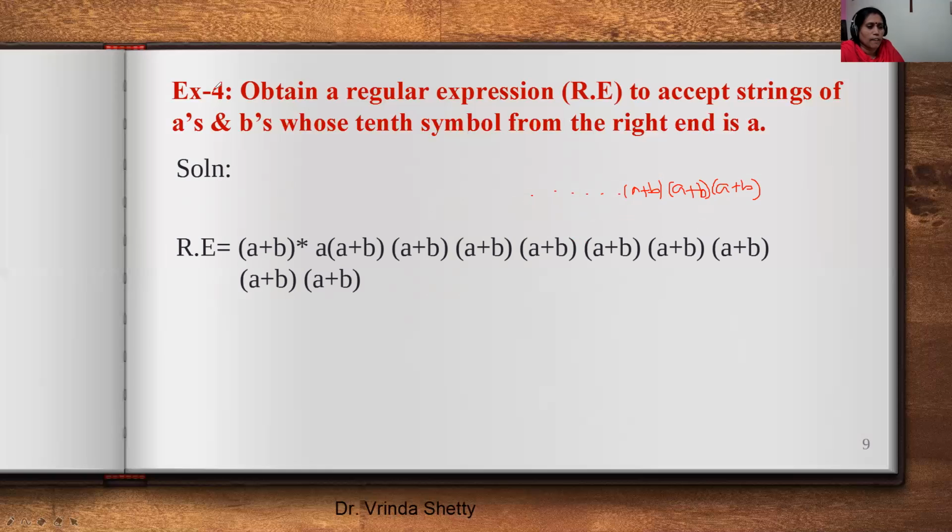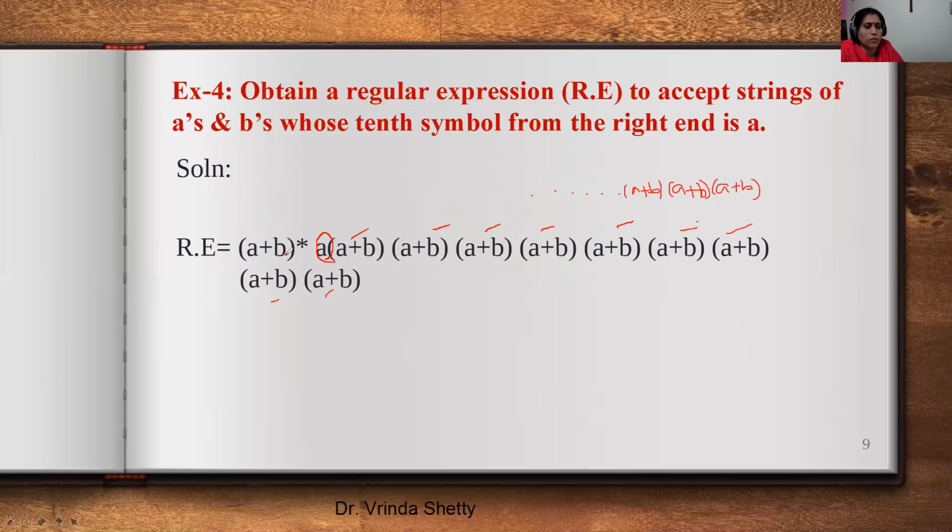Check here: a or b, nine times. The only condition is that the 10th symbol from the right end should be a. Before that, it can have any number of a's and b's.